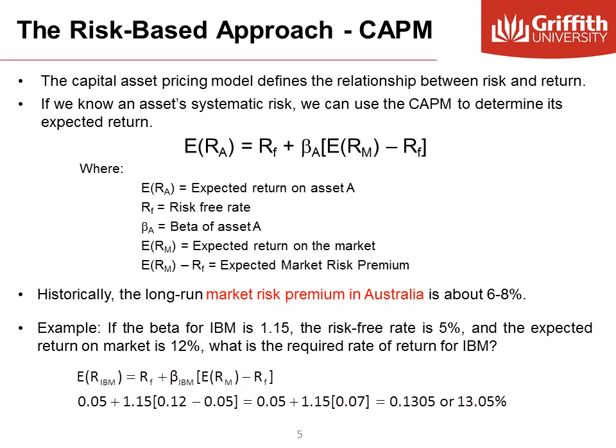Now that we know how to measure systematic risk, we can introduce the basic theory that links together risk and expected return for all assets. This is known as the capital asset pricing model, or CAPM, and this is our third method of calculating expected returns.